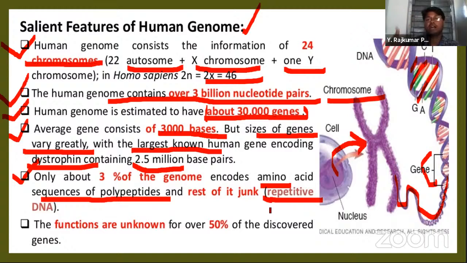Okay, the structure is again repeating. The functions are unknown for over 50% of the genes. We came to know about only 50% of the genes, and still we need to know about the other 50% of the genes. Okay, let's see some of the other features.